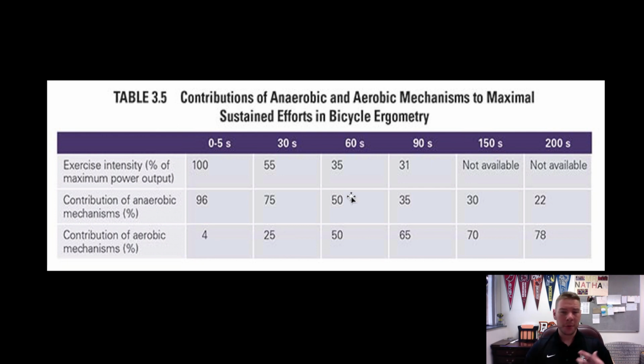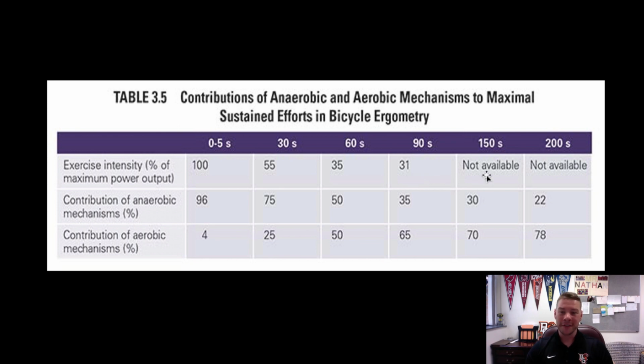Now when we look at that person at the 1 minute or 60-second mark, they're really gassed. Their power output's now at 35%, so it's dropped down substantially. And now they're working at 50-50, okay? So they're 50% anaerobic mechanisms producing the energy and 50% aerobic. And then that continues to go on and on. All right, until, it looks like at 90 seconds that person's still trying, but they're not getting very far.